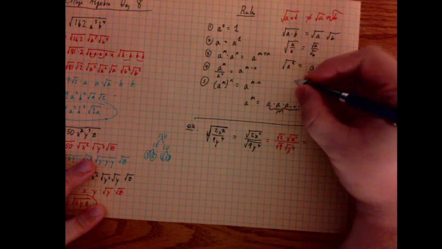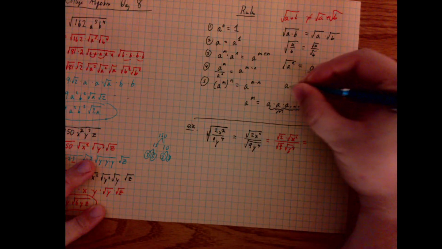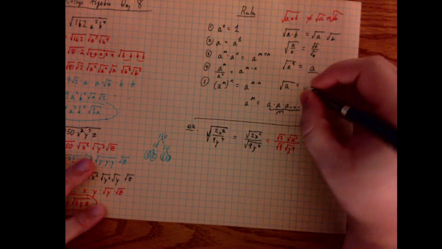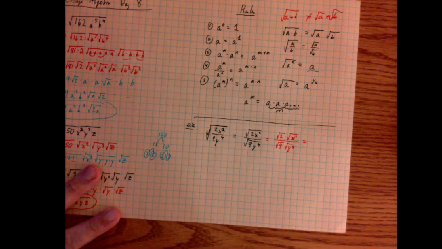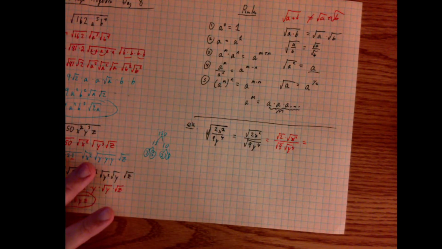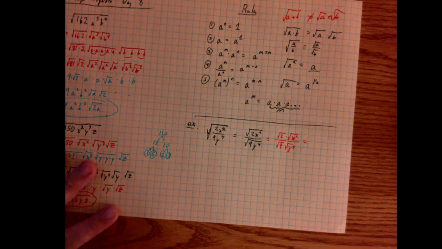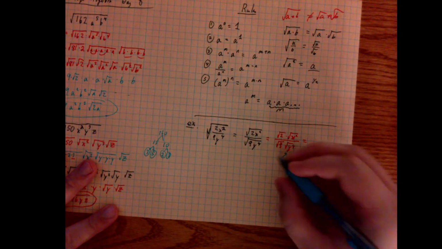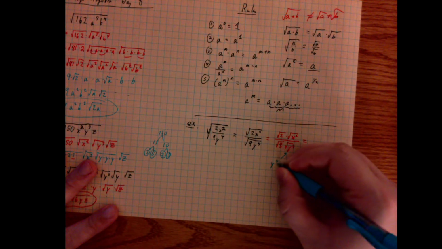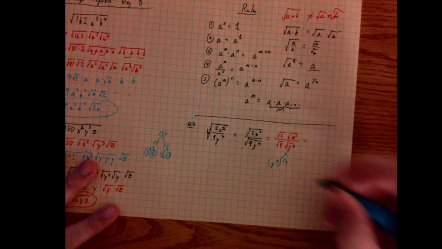It's important to remember that there is a definition of a radical called a rational exponent, where the square root of a is a to the 1/2 power. Why is that so helpful? Because there's another way to write the square root of y to the 4th: y to the 4th to the 1/2 power.